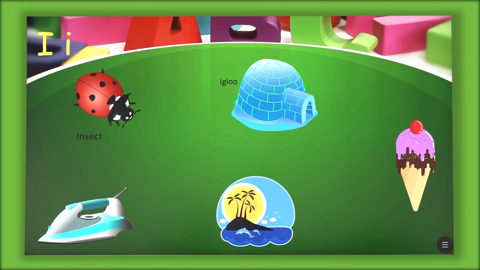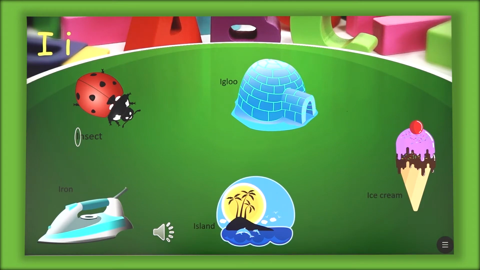Insect, igloo, ice cream, island, and iron. Now let's listen which is the letter that you're going to circle on your book. We are still at exercise number 1. Insect. So the letter that you are supposed to circle is the letter I.